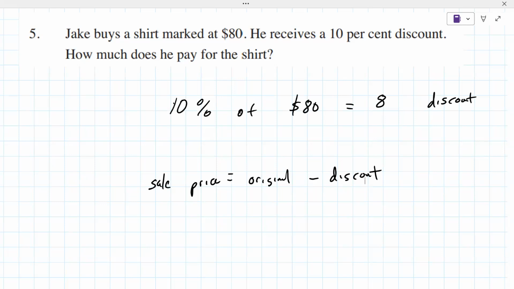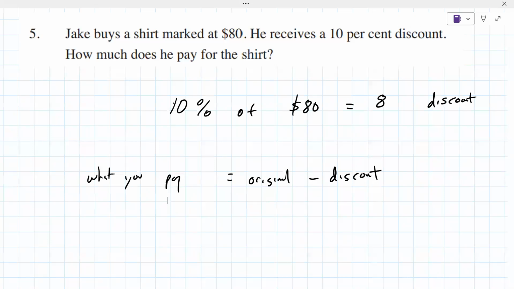80? Okay, the sale price, the price that you pay. Well, let me maybe change that. What you pay. It is whatever the original price was, and then you subtract the discount. So the original is given in the problem. You just calculated the discount.